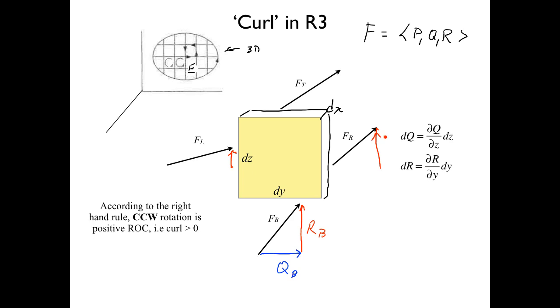This is my r sub L and r sub R. So again, the partial of r with respect to y, when it's positive, is going to cause counterclockwise rotation, so we're going to just take the positive contribution of that.